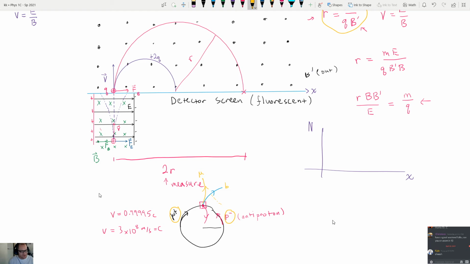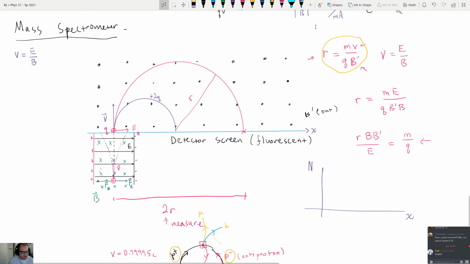But ultimately, our only tool for learning anything about things that are this small is looking at the way that they bend inside of magnetic fields. That's our only current method for learning what things are. We look at how much they curve, and then we use this equation, and it tells us their mass to charge ratio. And that's evidence of what it is, basically.